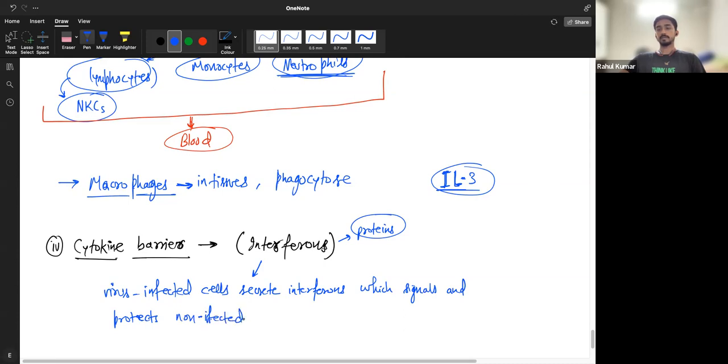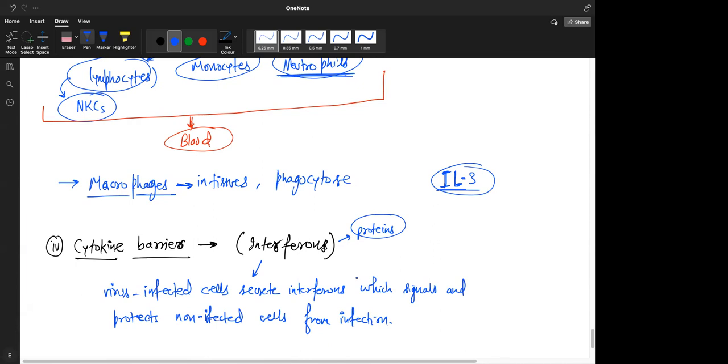Non-infected or healthy cells from infection. Okay. Is it clear, everyone? Yes, sir. Very good.